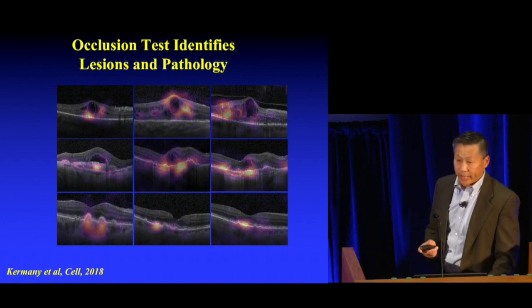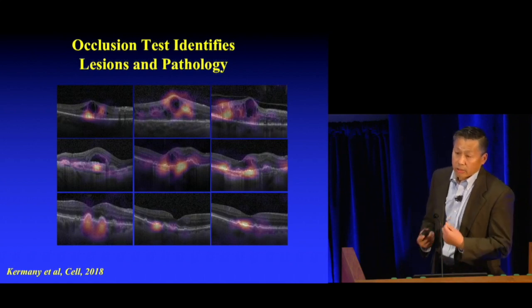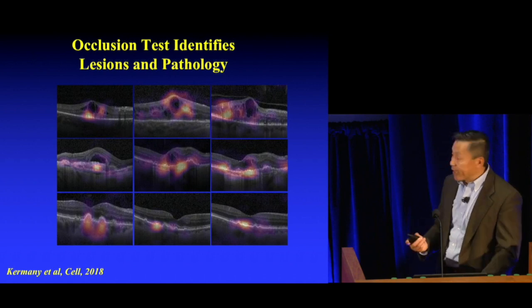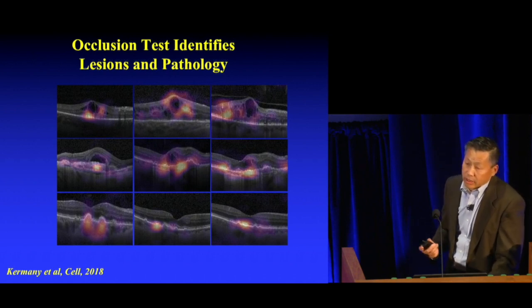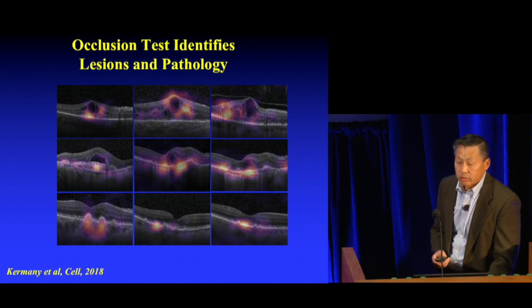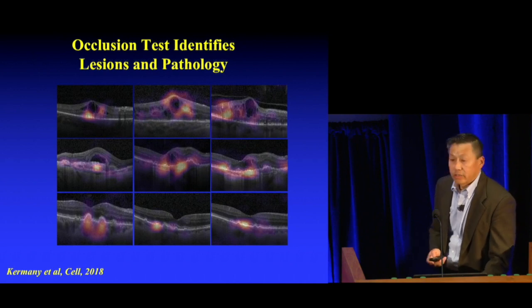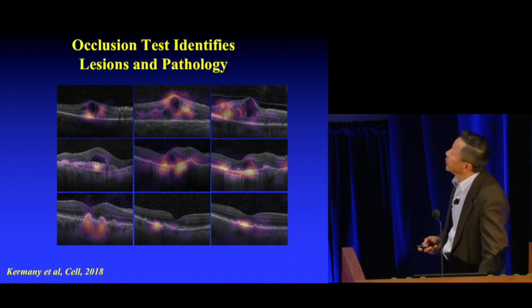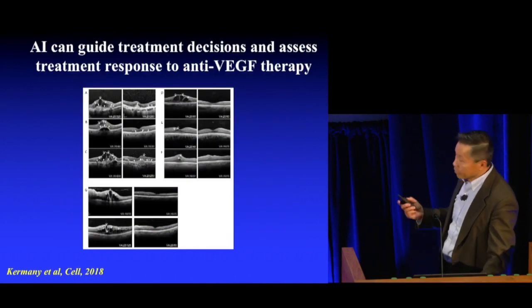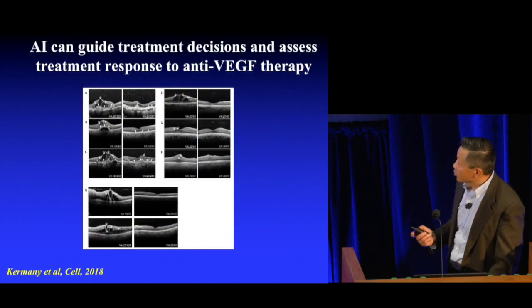So this is a way we can now communicate between physicians, patients, and the AI, to solve the traditional black box AI problem. So we were using this to guide our diagnostic and also treatment strategies.